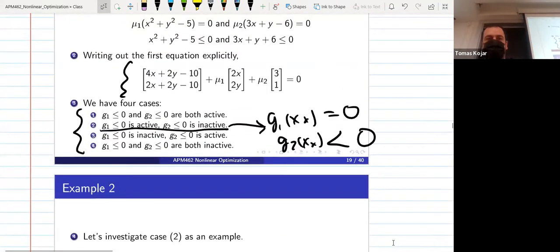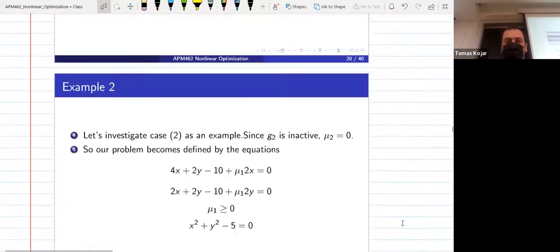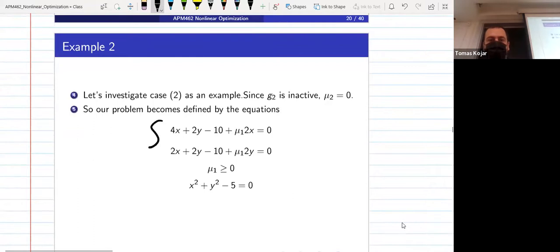Going back, this is our system, and here I set this to be 0. If you do this, you get the system, and I solved it here. Anyways, this is the whole system.